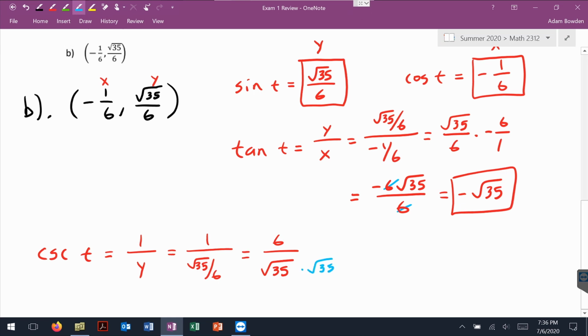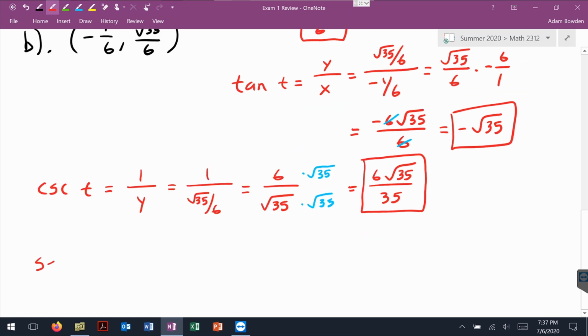We'll multiply both top and bottom by the square root of 35. So it'll be 6 square roots of 35 over 35. The secant of t is the reciprocal of cosine, 1 over x. So it would look like 1 over negative 1/6, which just turns into negative 6 over 1, or negative 6.